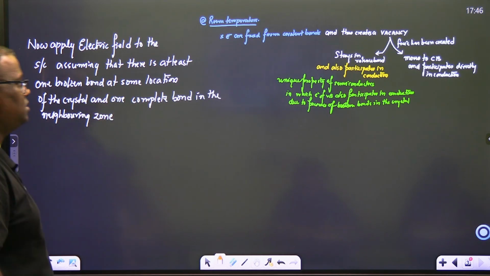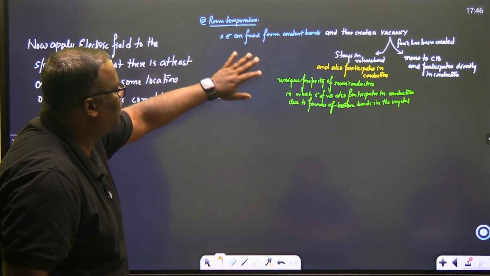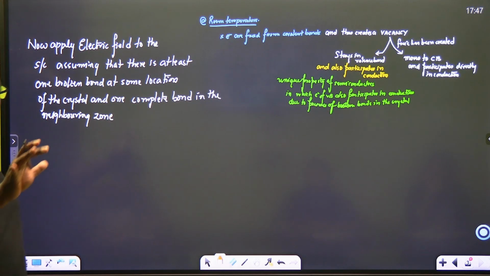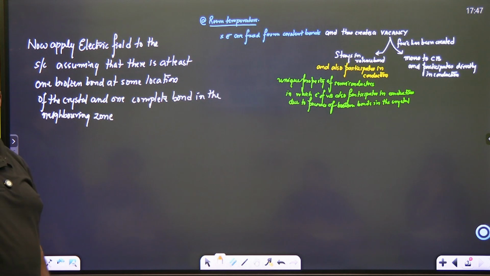Try and understand this now. Understand and then write. Once you have freed an electron and you know that a vacancy exists, you are now applying an electric field, assuming that there is one broken bond and one complete bond in the neighboring zone. Possible? Very much possible. Is it getting difficult, or are you able to understand it?